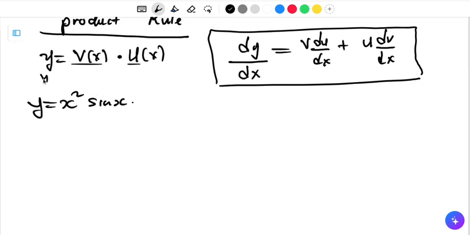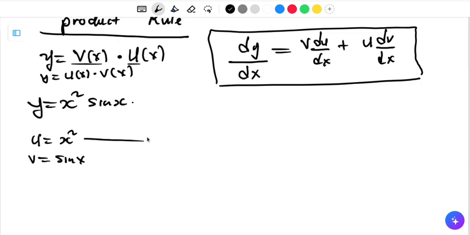Remember, this can also be written as u of x multiplied by v of x if you want. So if we say u is equal to x squared, then v is going to be equal to sine x. So these are the two functions that we have. We can easily find the differentiation of these now. Let me start with u. So we are finding du/dx.